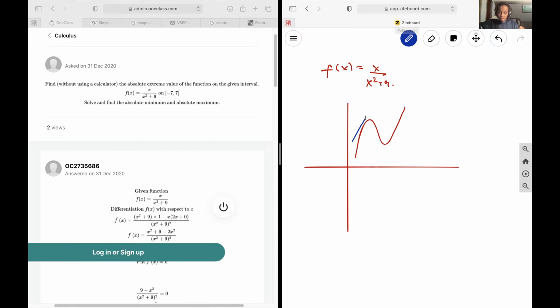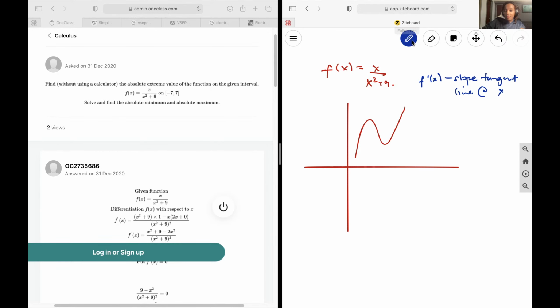So for example here, the derivative should be positive because the slope of this line is positive. Here, the derivative should be 0 because the slope of this line is 0. Here, the derivative should be negative because the slope of this line is negative. So the derivative of the function describes the slope of the tangent line at that point.